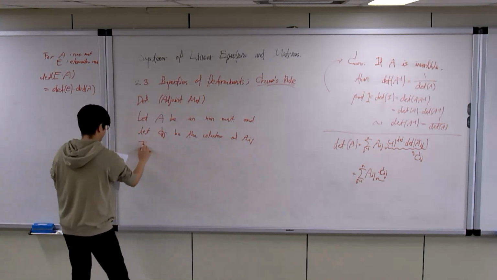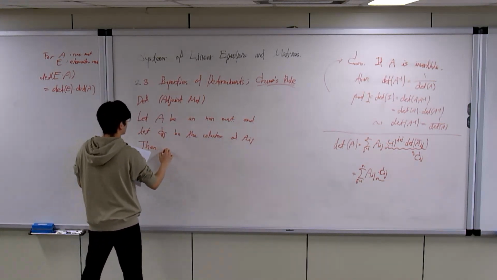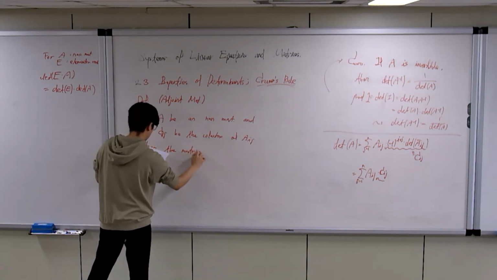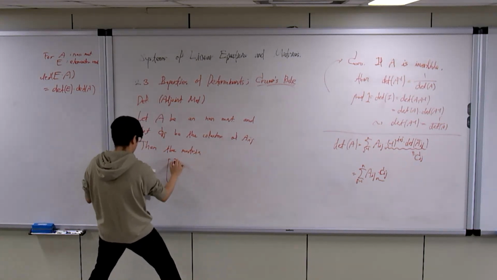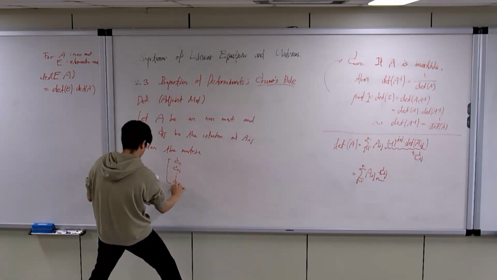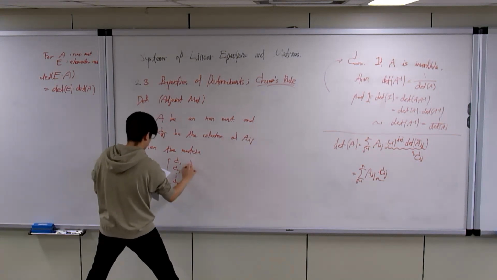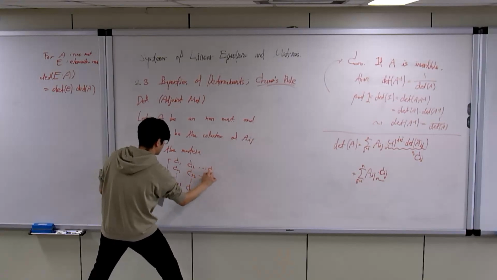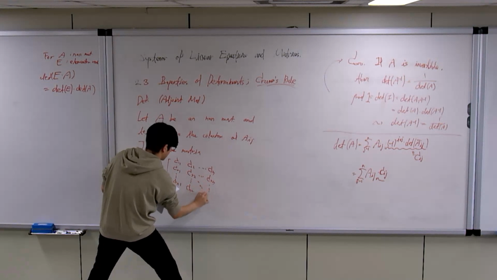Then the matrix C11, I'll use the same notation as in my lecture notes, C1n, C2n, Cnn, transposed.